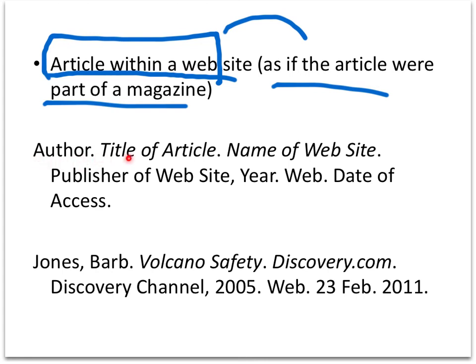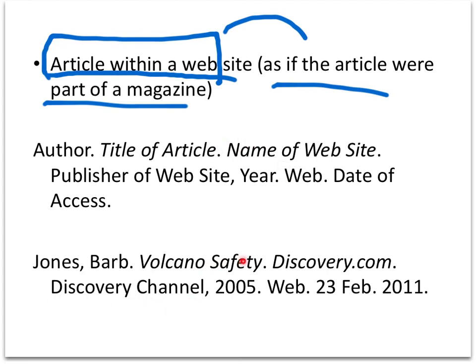We need an author, we need a title of the article, we need the name of the website, we need the publisher of the website, the year, web, date of access. So when we look back to our actual example, we have an author, we have a title, we have the name of the website, we need the publisher of the website, we have that there.